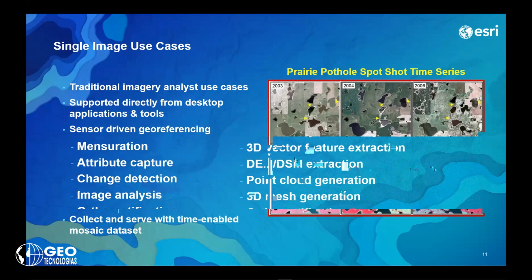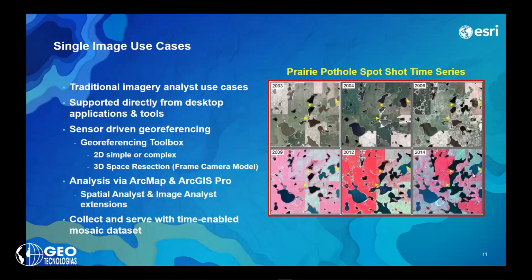Same footprint, different seasons, different years. And part of the use case here is to do a time series analysis of change. And you could do these sorts of analyses using spatial analyst and image analyst, both in our desktop, ArcMap, and ArcGIS Pro. And so here you're looking at one footprint, multiple single images, and extracting the information you want.